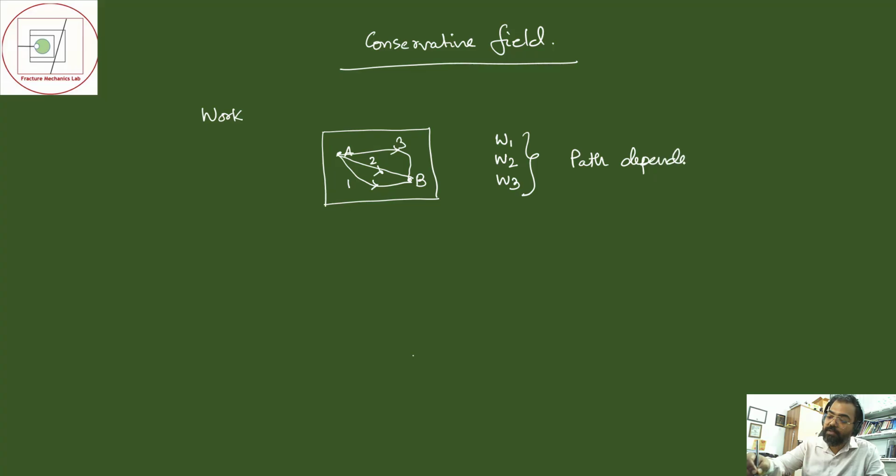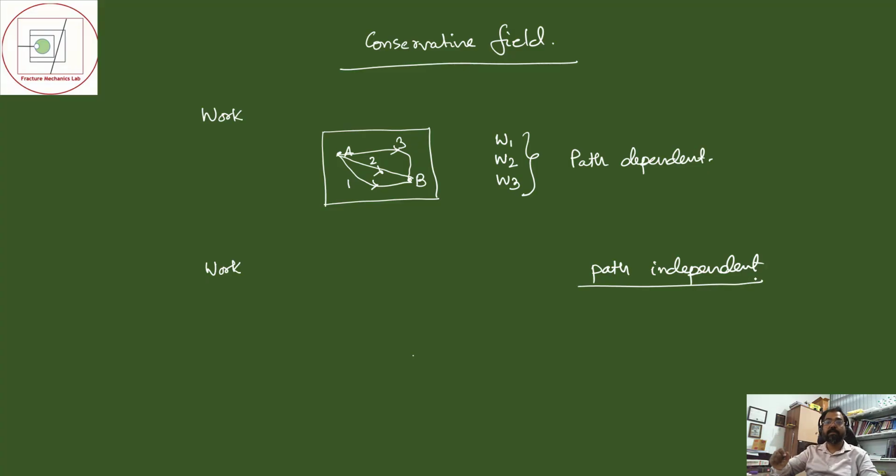So it changes when you change the path. But there are cases where the amount of work which you do is path independent. So you take whatever path, the value does not depend on the path, but it depends on the initial and final position. And when that happens, it is called that the field is conservative.